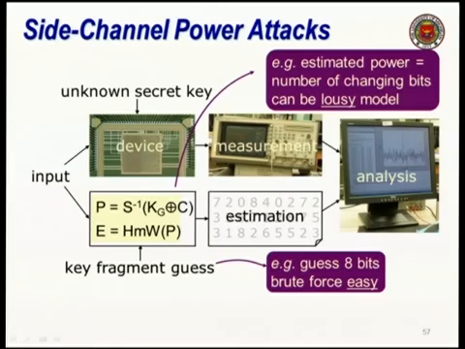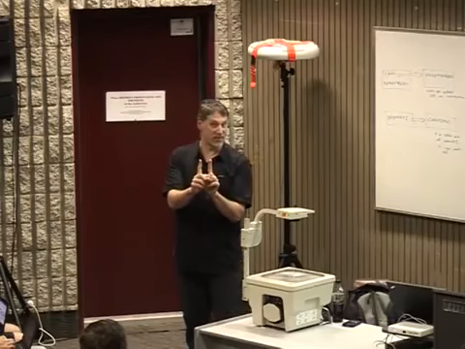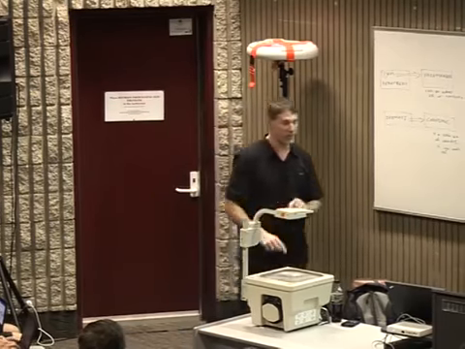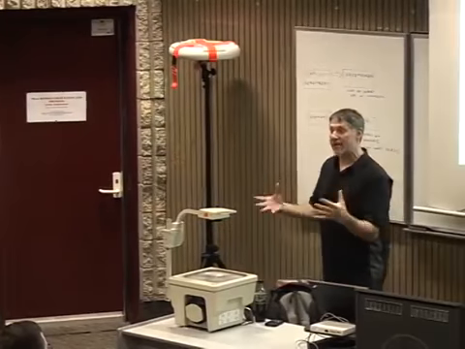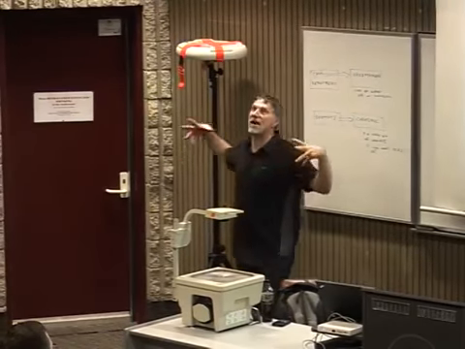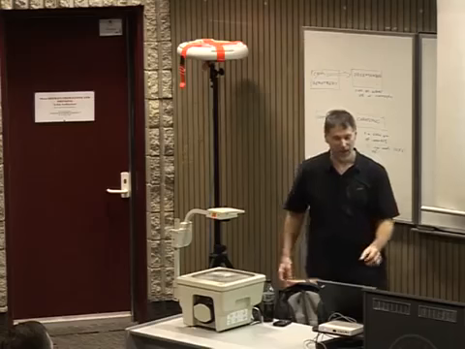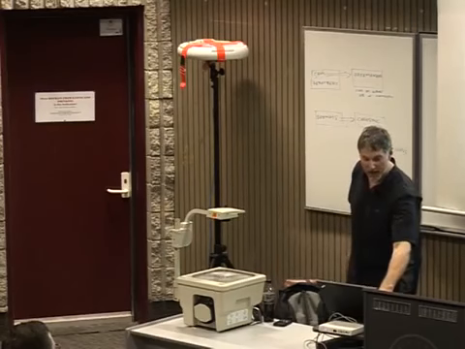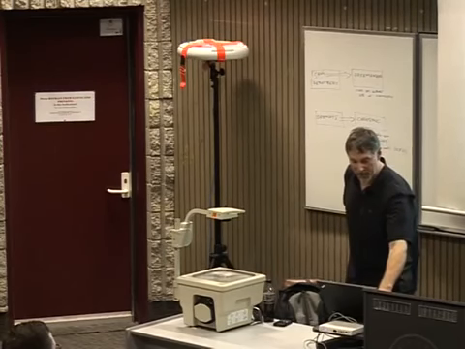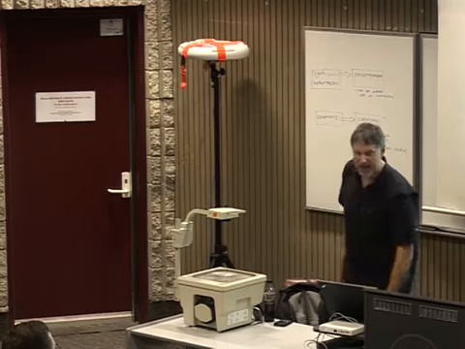So if we can identify a particular operation's power draw, we know how many pairs in the key and the plain text were 1 and 1, how many were 0 and 1 or 1 and 0, and how many were 0 and 0. And that massively condenses the key search because we have so much information about that underlying key. It can make it quite easy to attack this system.